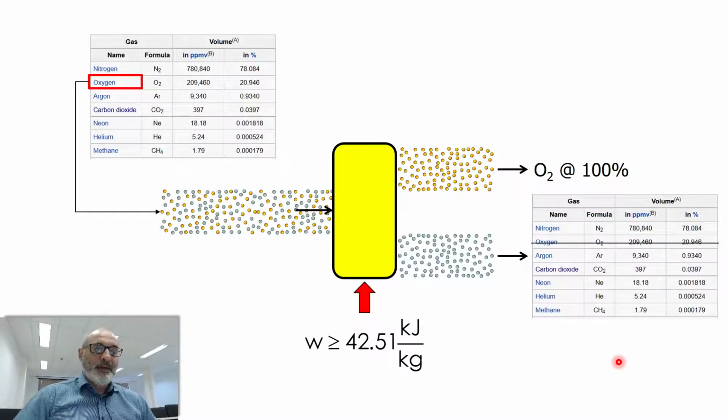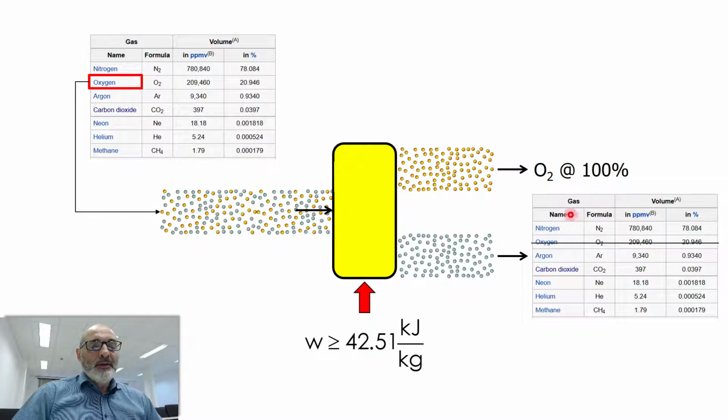Let's see it applied. This is the actual composition of the atmosphere, 0.21 roughly, and we get oxygen at 100% concentration here.